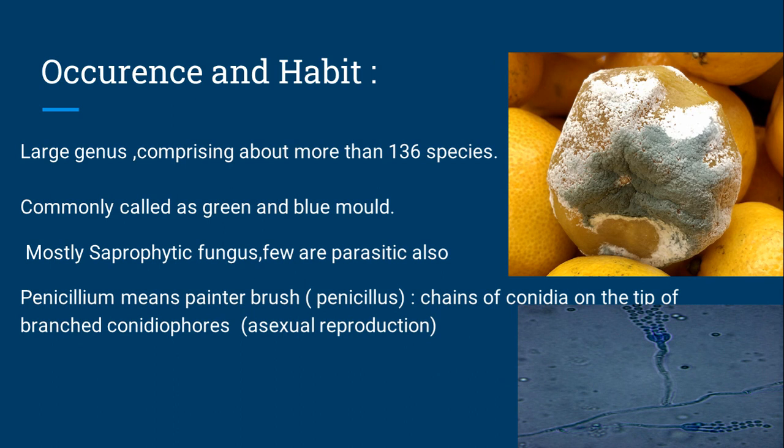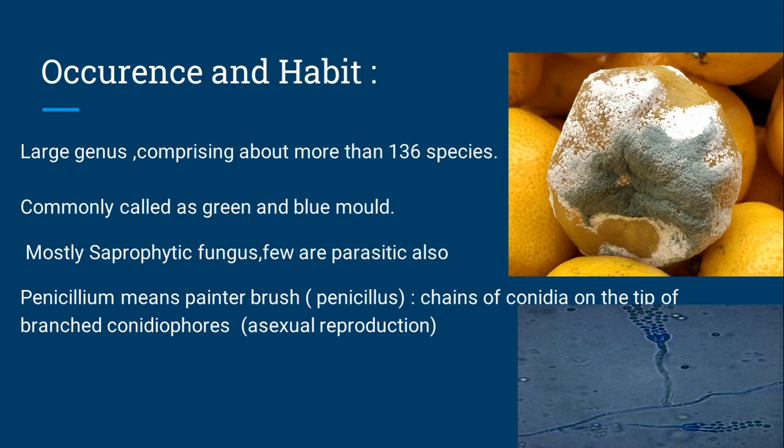Now, what about the occurrence and habit of this Penicillium fungus? It's a large genus which comprises more than 136 species, which are commonly called green and blue mold. Most of the fungi are saprophytic in nature. What do you mean by saprophytic?